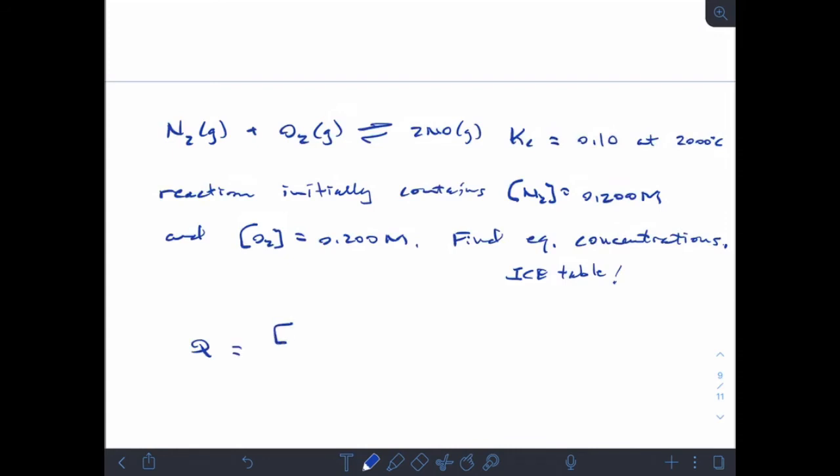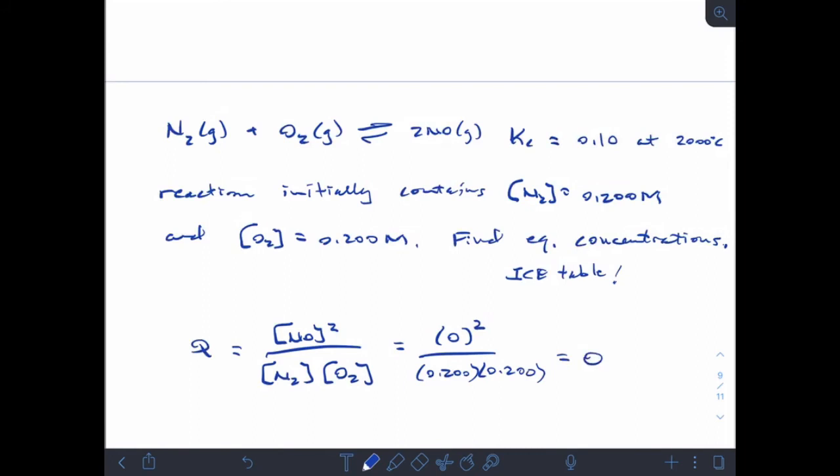So Q equals NO squared over N2 and O2, right? So initially I have 0 NO and I have 0.2 molar of each of these.